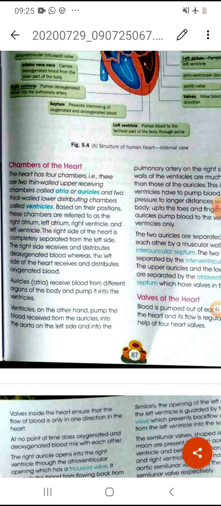So the right side of the heart is completely separated from the left side.